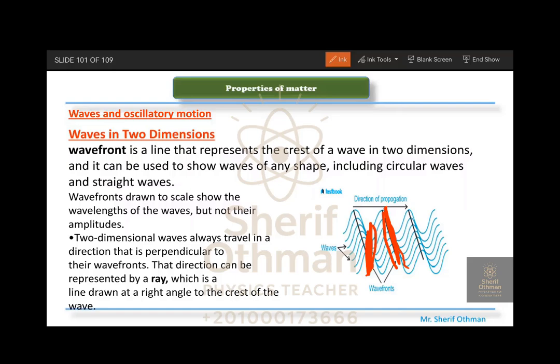So here is the wavefront and here is the direction of propagation, the direction of travel of the wave, transferring energy. So they are perpendicular to each other. The direction of the wave can be represented by a ray, as we said before, which is drawn at right angles to the crest of the wave shown in the figure.